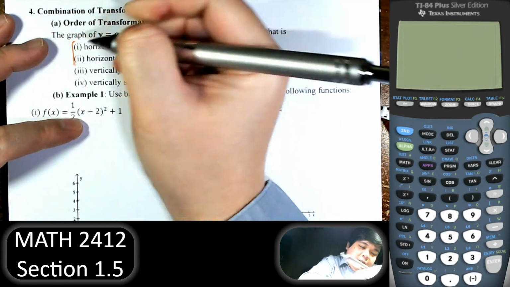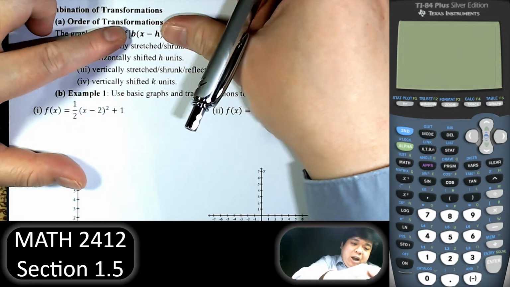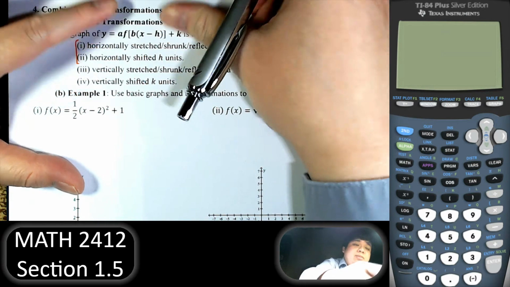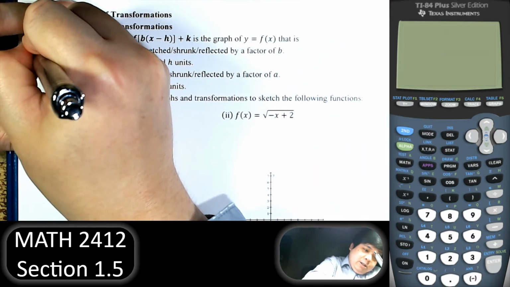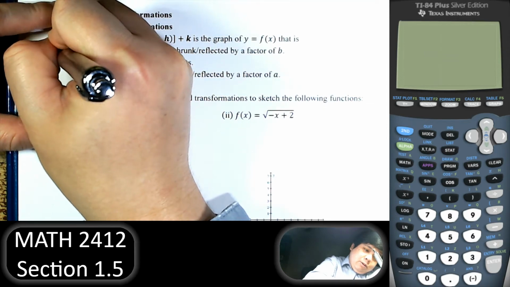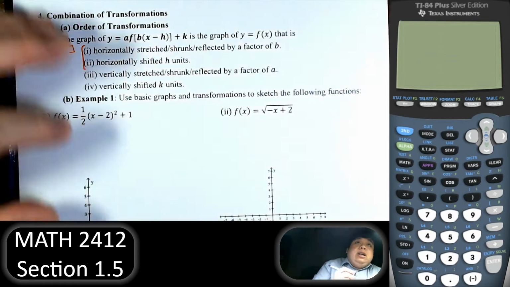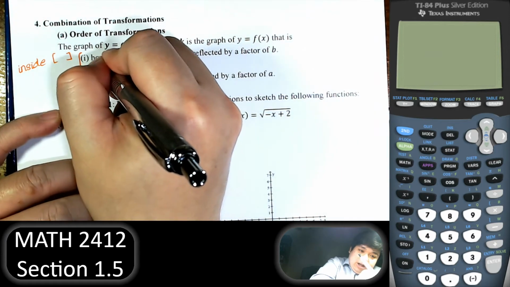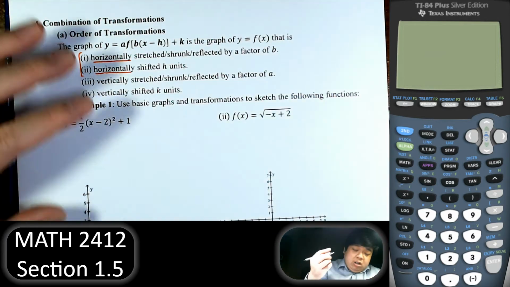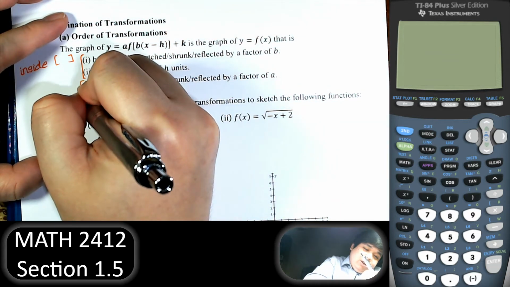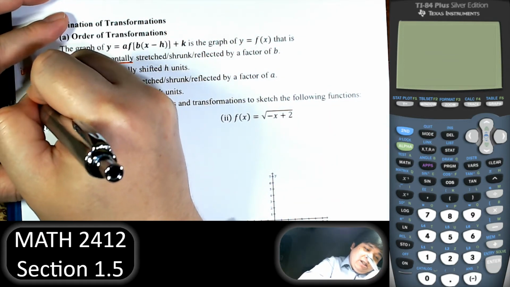So first, it's going to be inside of the bracket. Inside the bracket is affecting the graph horizontally in reverse manner. And after that, we do the outside of the bracket.